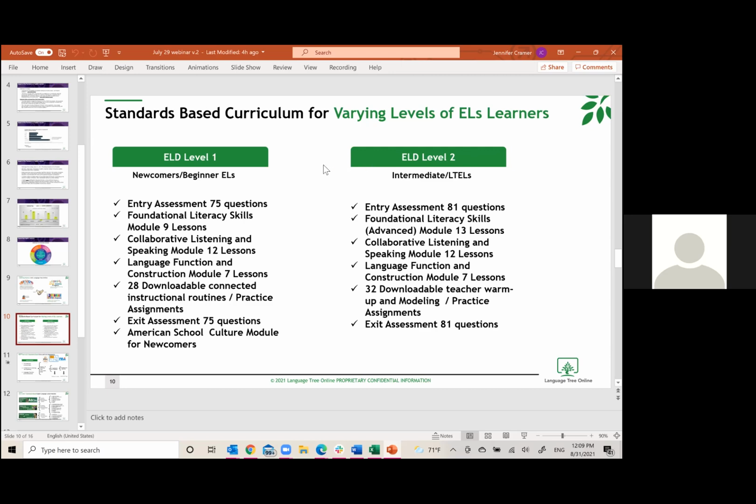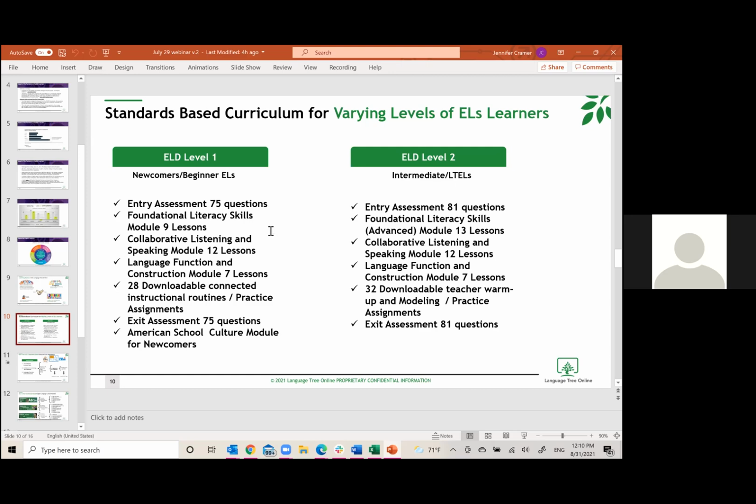But one thing I think can be confusing, so I just wanted to bring it to the forefront, is when we talk about ELD or ELD Level 1, who is this suitable for? So once again, this is suitable for our secondary ELs that are newcomers and beginning English learners. And our ELD Level 1, of course, has the standards-based entry and exit assessments.